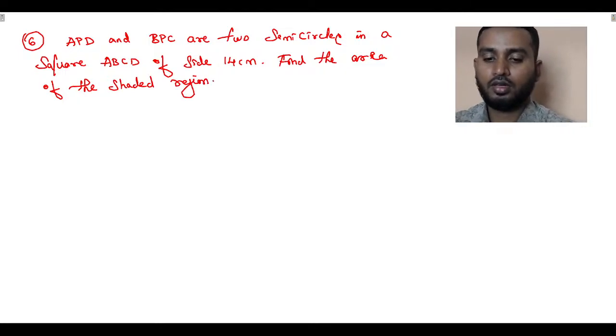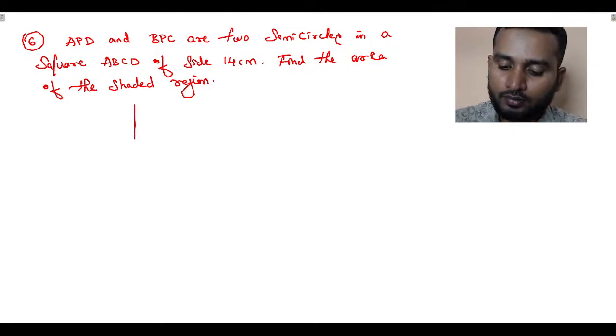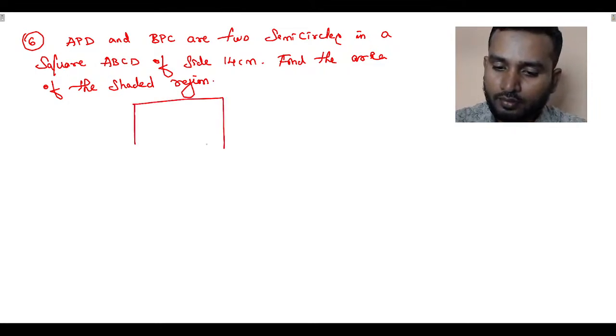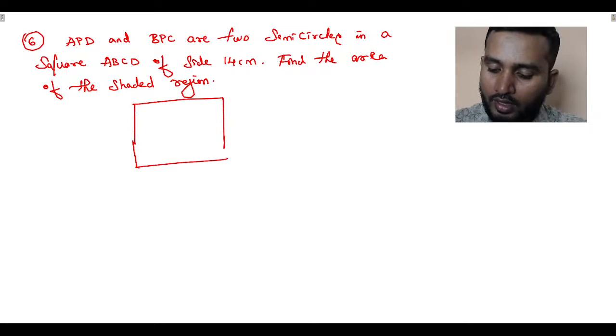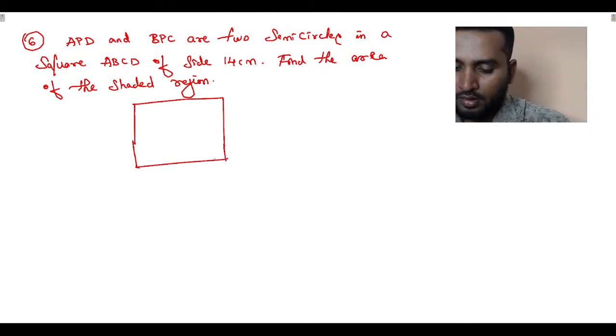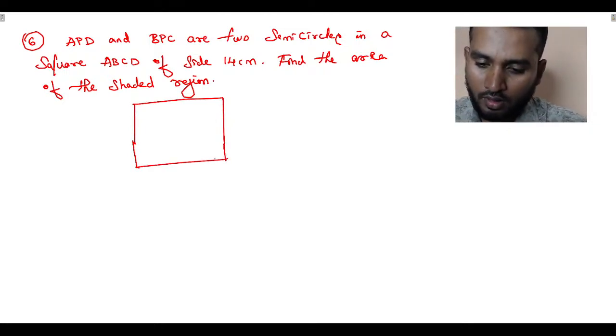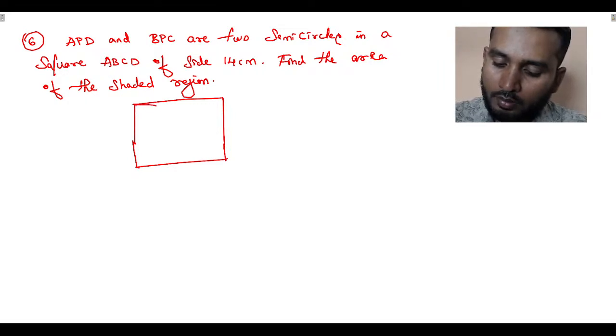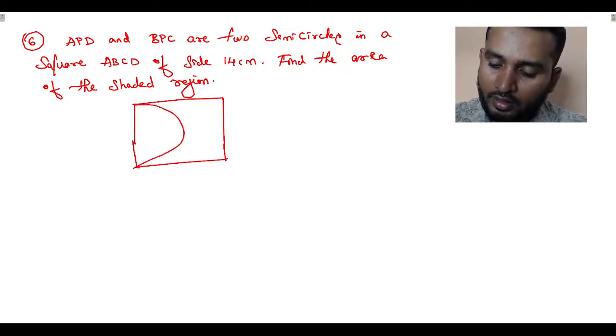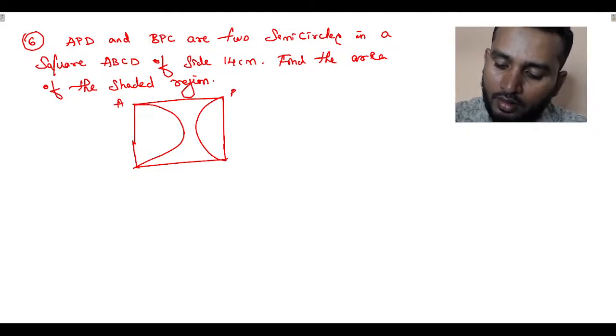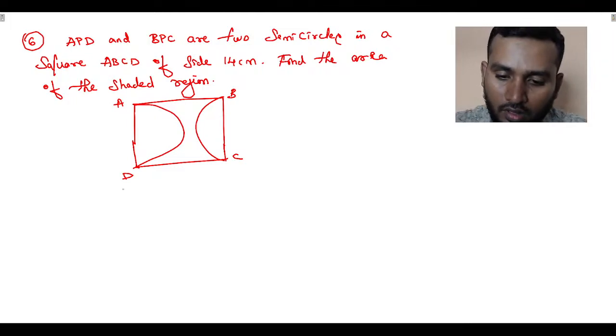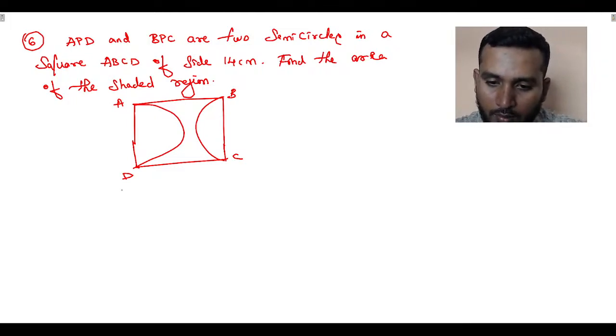So, take down the figure. We have a square. Let me draw a square. Okay, in that let me draw a rough figure. It is a semicircle. ABCD is a square.